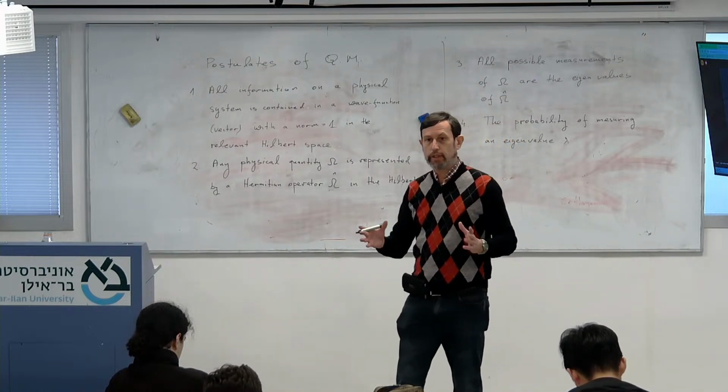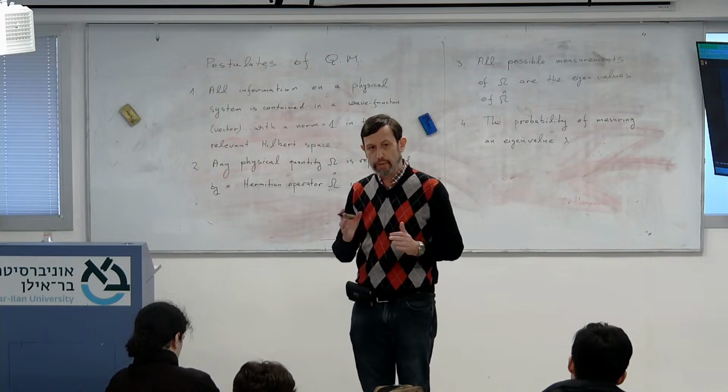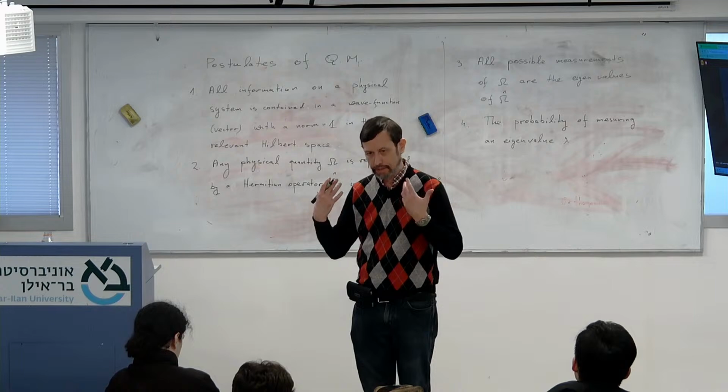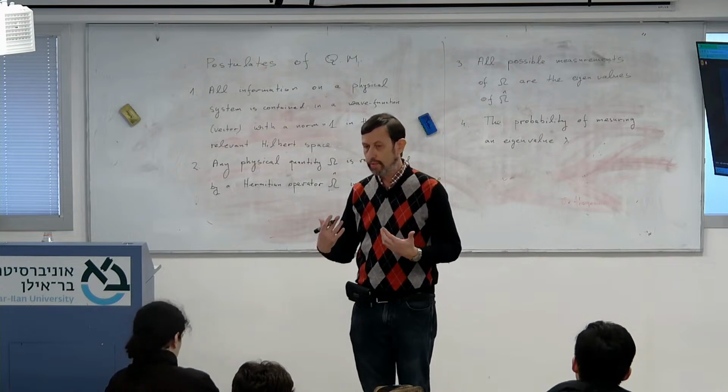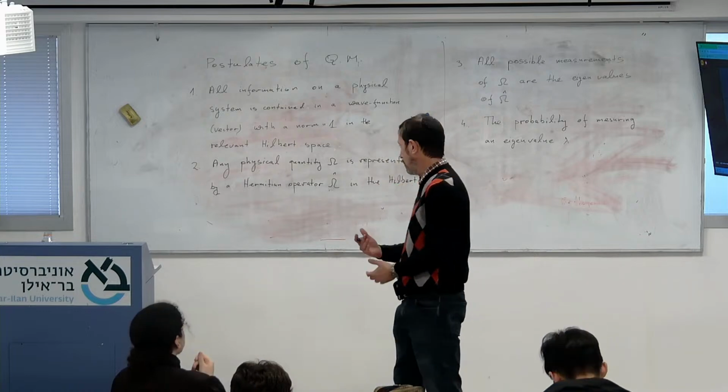Okay, I know that I measure one of the eigenvalues, but what is the probability if I repeat the experiment again and again? What is the probability of measuring a specific eigenvalue?